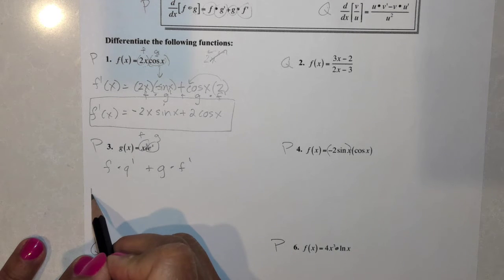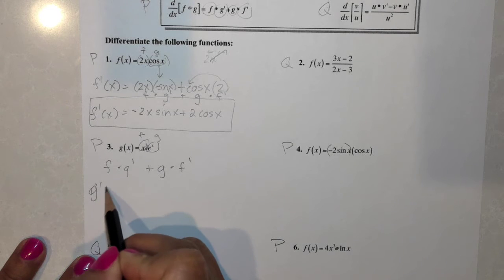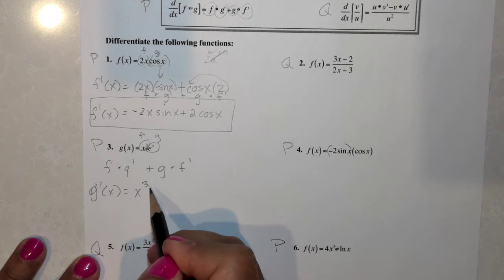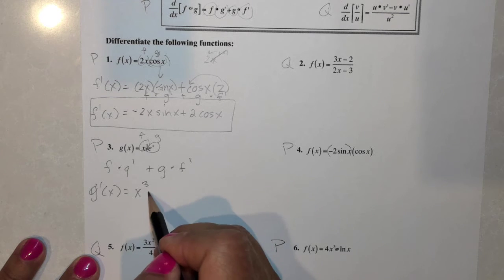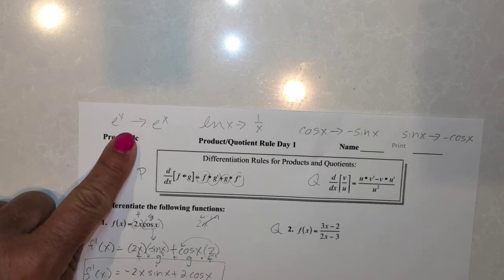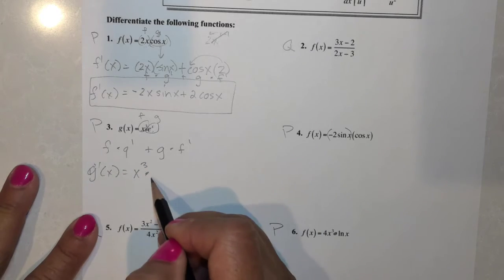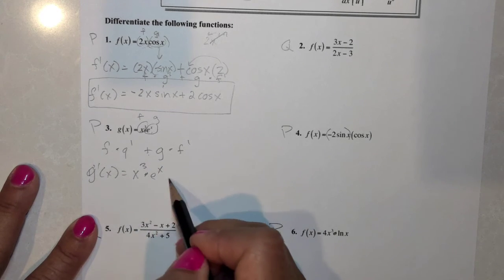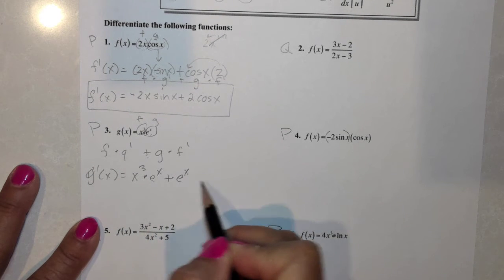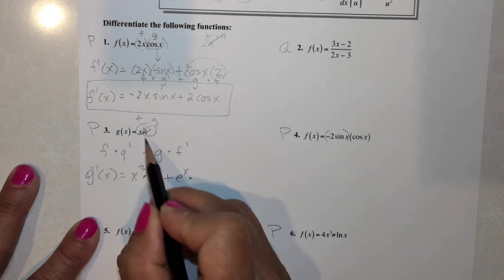So my first function is just x to the third. Then I multiply that by the derivative of e to the x. But the derivative of e to the x is just e to the x. So that stays the same. Then I add the second part, so that's e to the x, times the derivative of the first part.